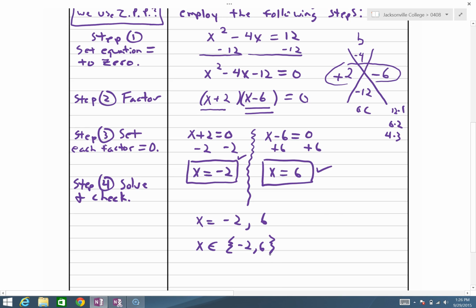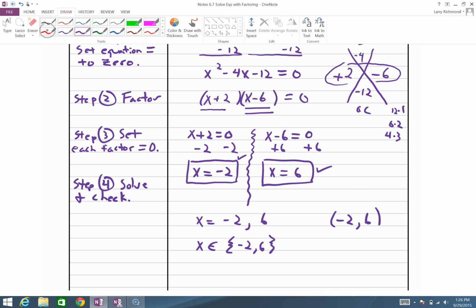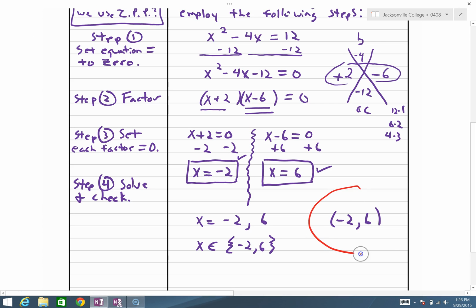What's not the correct way, I would not say negative 2 comma 6. That's an ordered pair, an x and a y. This is not how we will write this. X is negative 2 and 6. X could be an element of this set, negative 2 and 6.